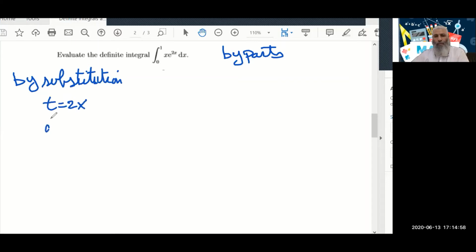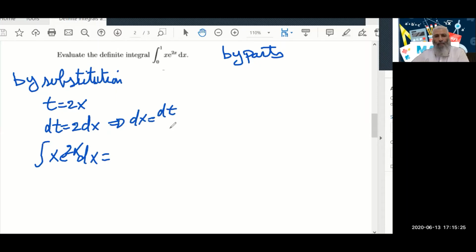So dt equals 2dx, right? Yes. Then dx equals dt over 2, yes? X e power 2x dx is, yes, dx equals dt over 2.